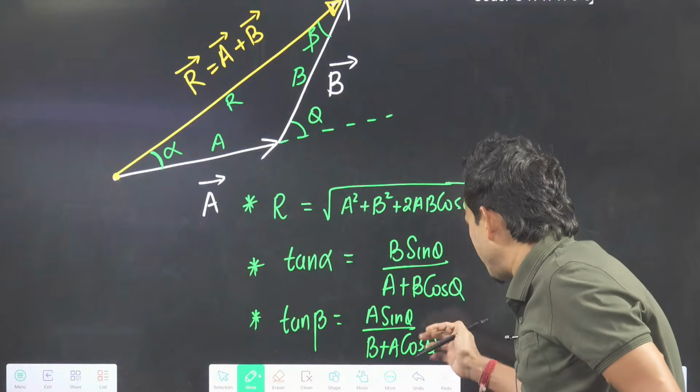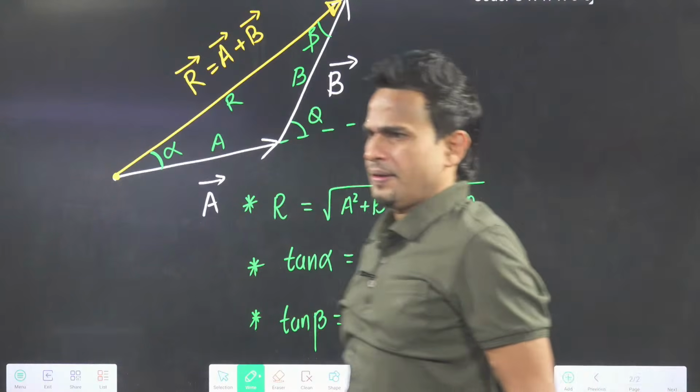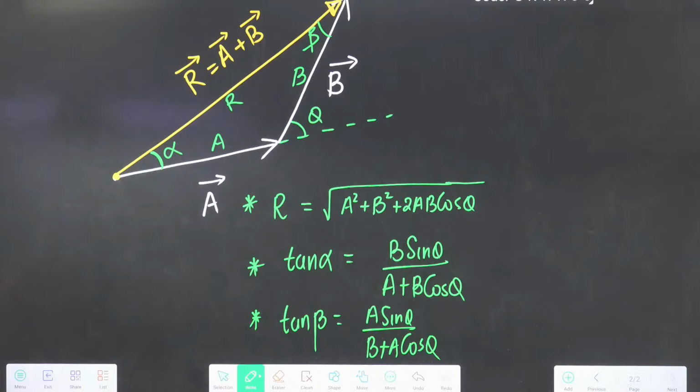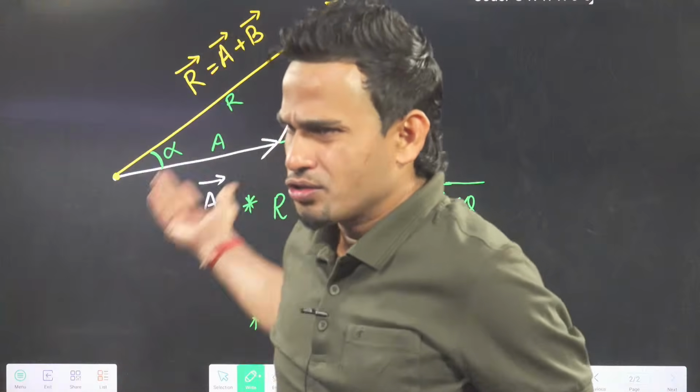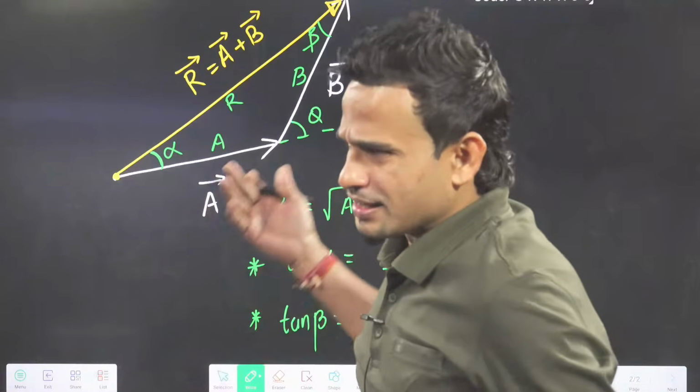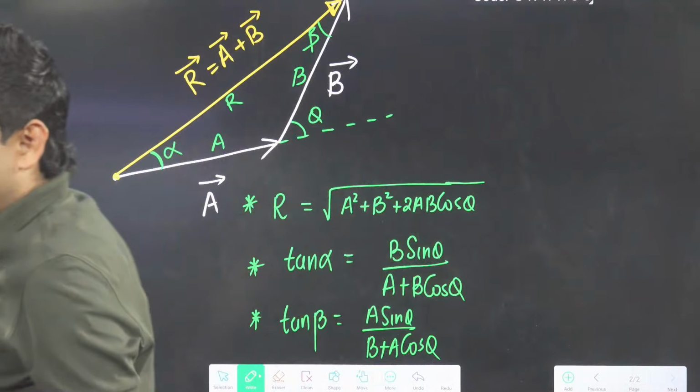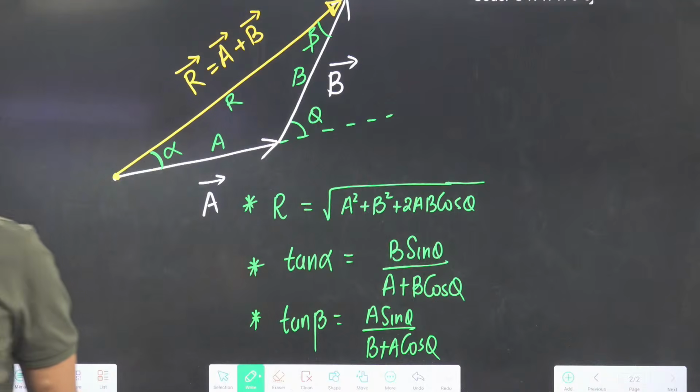You can find every angle, no problem. When they ask alpha, the reference vector is A, so accordingly we will do. If they ask angle beta, the reference vector will be B. Accordingly A and B we can flip.